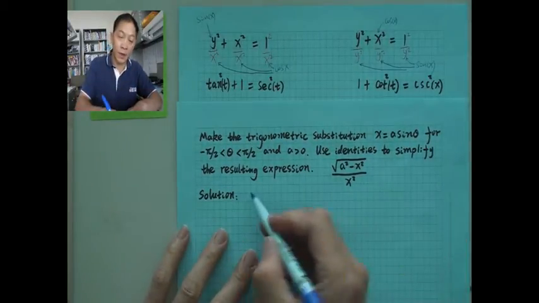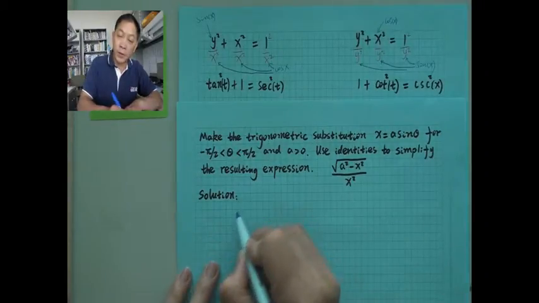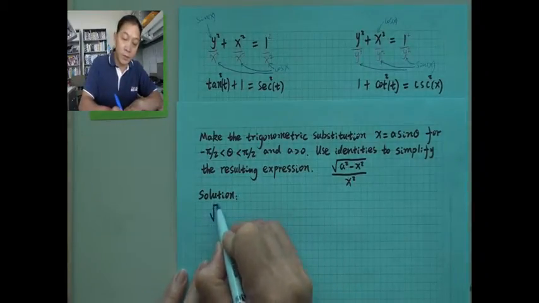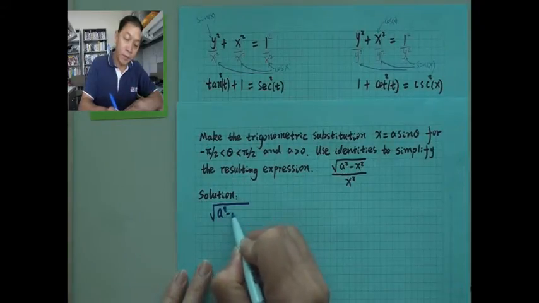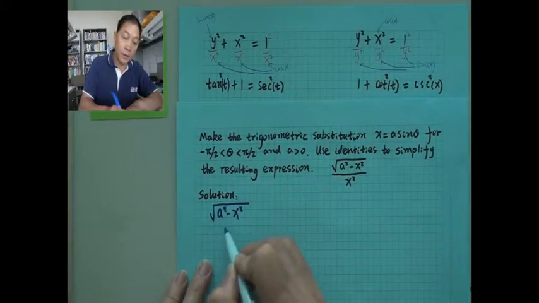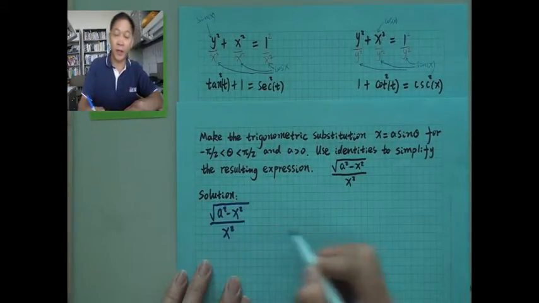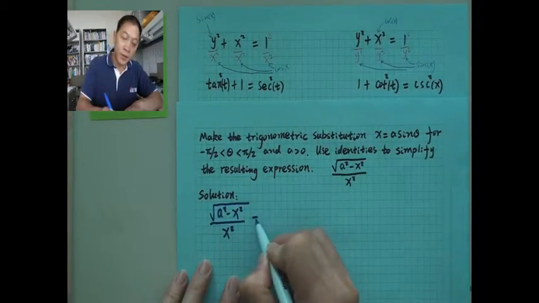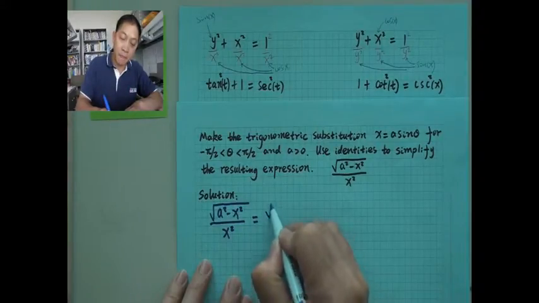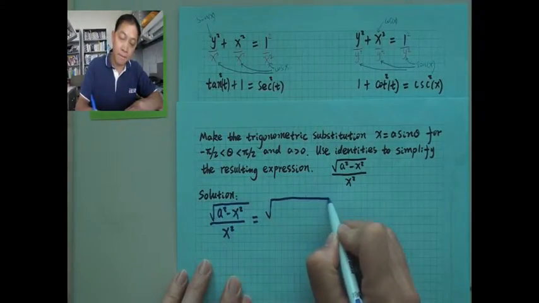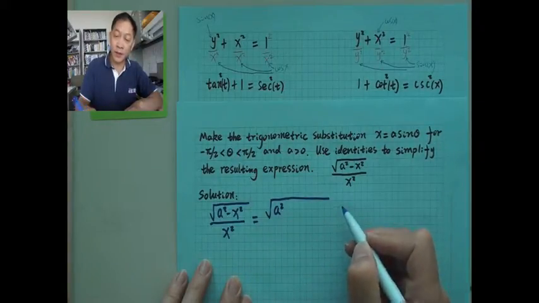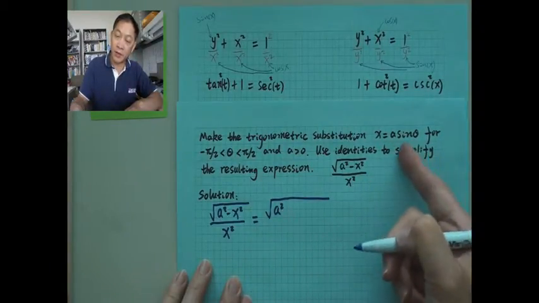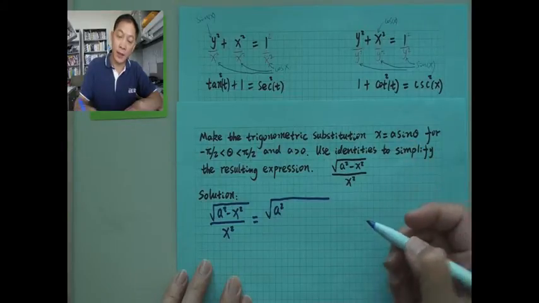Okay, so you may do it like this. Always copy it, and then square downstairs, and then do the substitution. A squared, you leave it. X, you're going to replace with a sine theta.